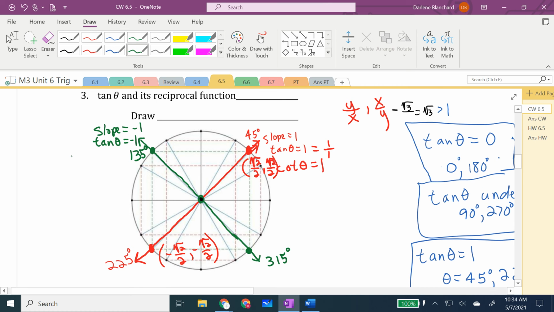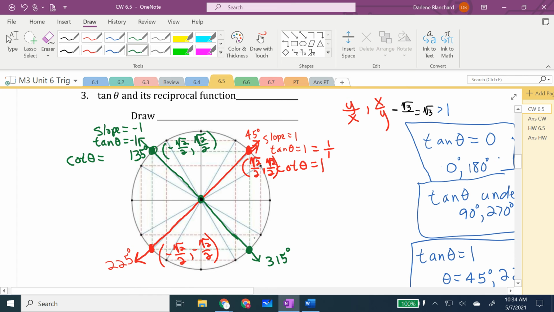What do you think the cotangent is at 135 and 315 degrees? At 135, your x-coordinate is negative √2/2. Your y-coordinate is positive √2/2.